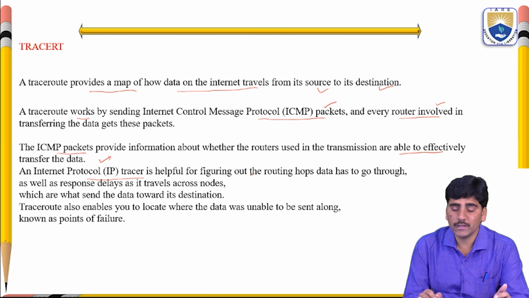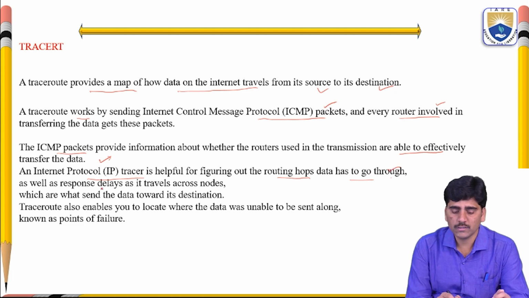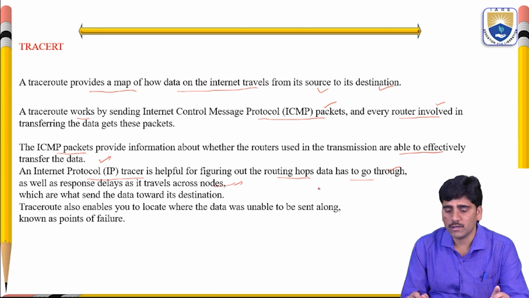An IP tracer is helpful for figuring out the routing hops the data has to go through, as well as response delays as it travels across nodes. If data is sent from the source to the destination, all the routers have to be visited by this data transmission. If any router is not available, then the data has to be passed on to the next router.